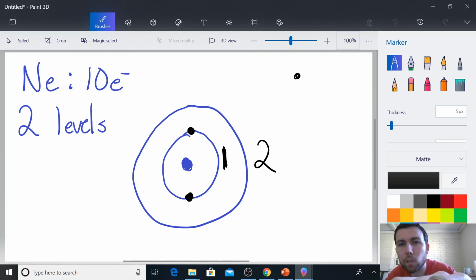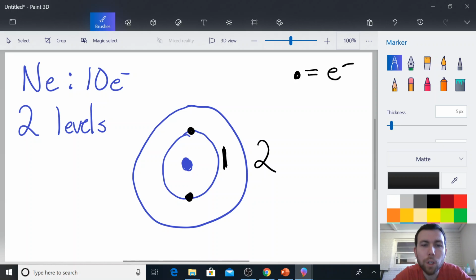So dots equal electrons. We only put 2 on the first energy level, and we start there because we fill up the ones closest to the nucleus first, and then make our way out. So we put our maximum number of 2 in the first energy level, but now of our 10, that means we have 8 left over.